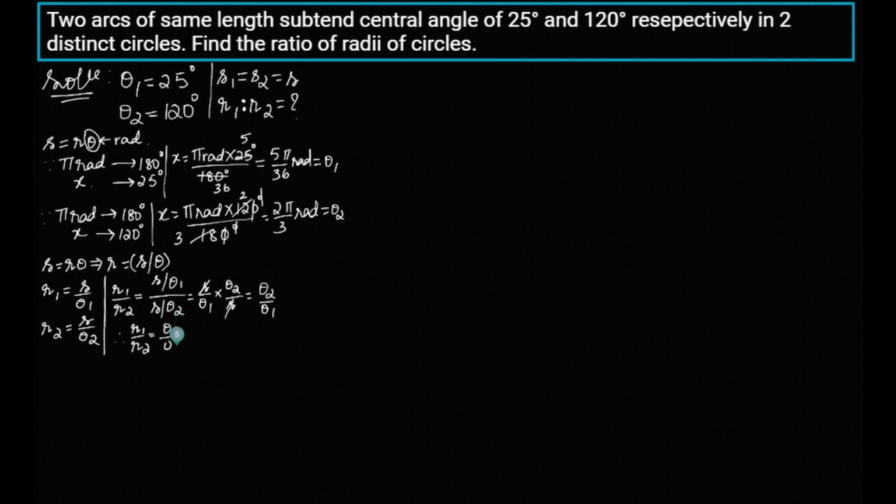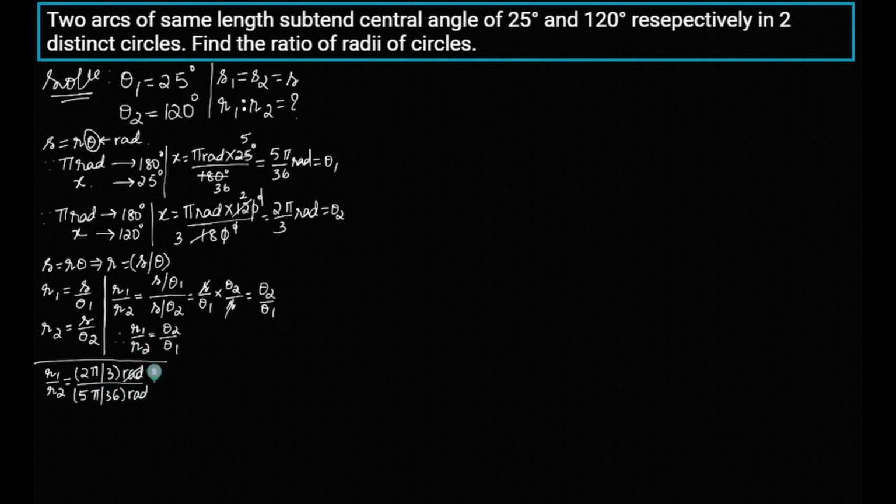Let us substitute the value of theta in the obtained equation. R1 divided by R2 is equal to theta 2, which is 2 pi by 3 radians, divided by theta 1, which is 5 pi by 36 radians.